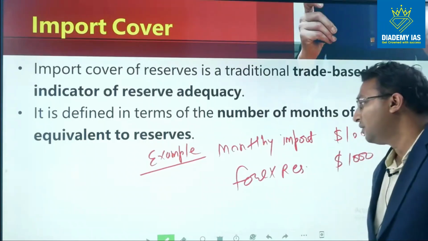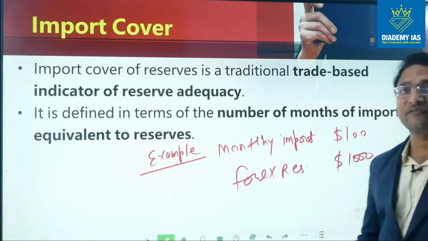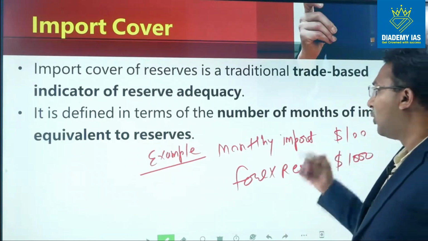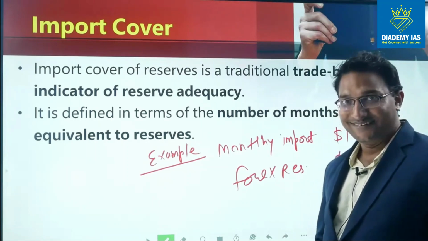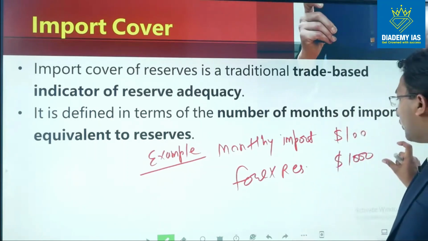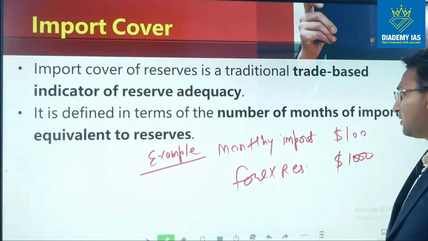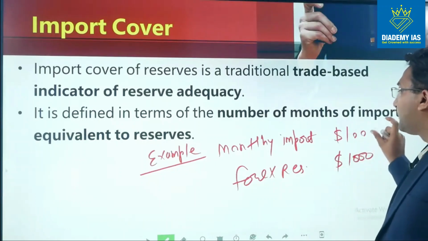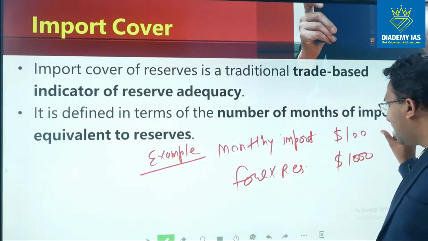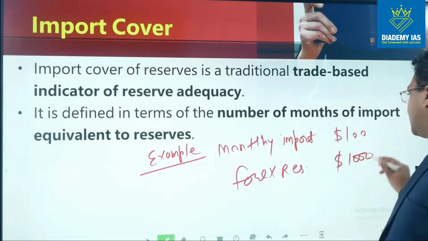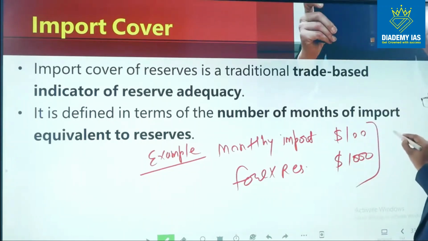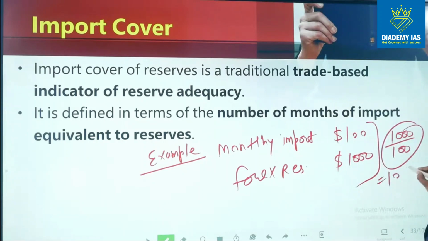That means our foreign exchange reserve is sufficient to pay for the import for the next 10 months, right? If we have the foreign exchange reserve for $1,000, that means we can pay for the monthly import for next 10 months, right? How do we calculate? So the total foreign exchange reserve divided by monthly import amount. That means we have the import cover of 10 months. So this is called import cover.